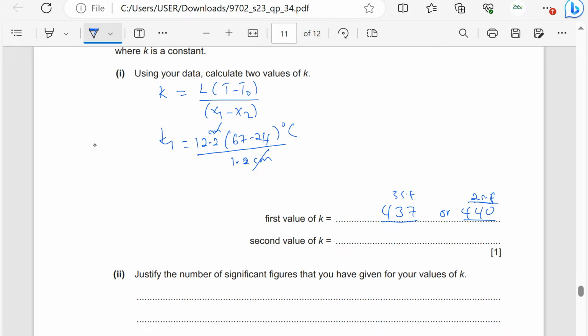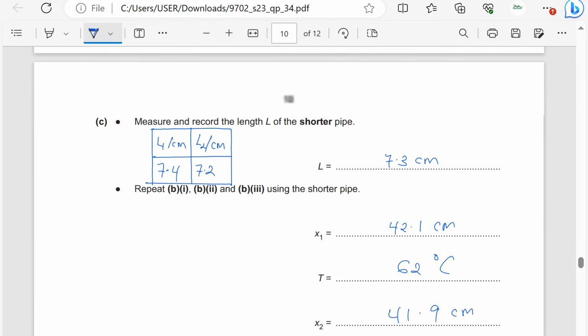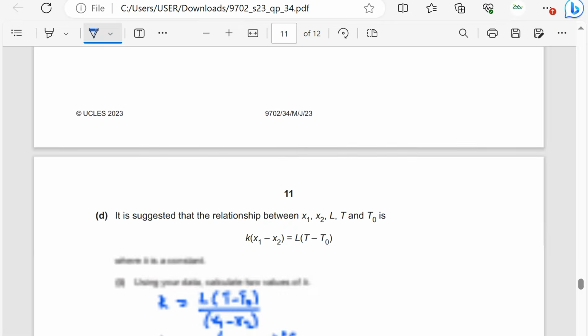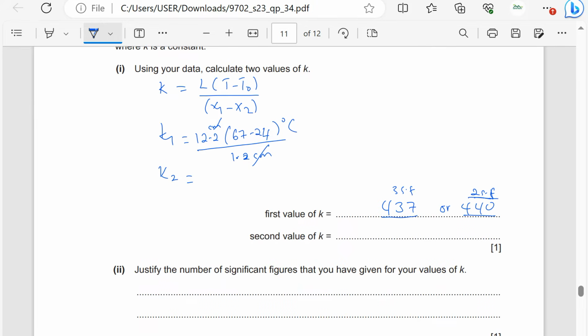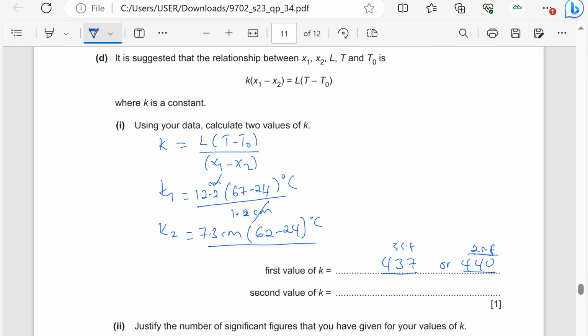The smallest number should be 2 significant figures, because here the smallest number in the raw data is 2 significant figures. Then K2. L, for the second attempt, was 7.3. So L is 7.3 centimeters. Temperature is 62 minus T naught, which was 24 degrees Celsius, divided by x1 minus x2, which is 0.2 centimeters.